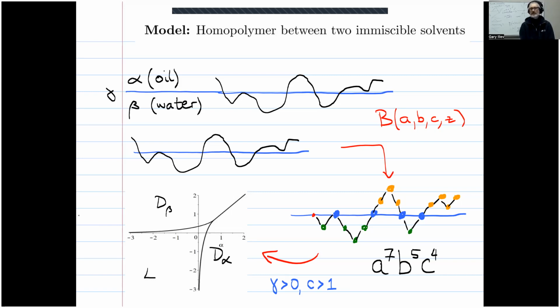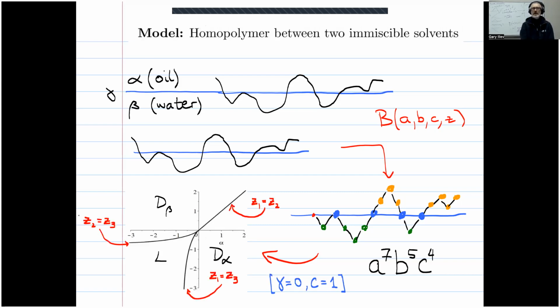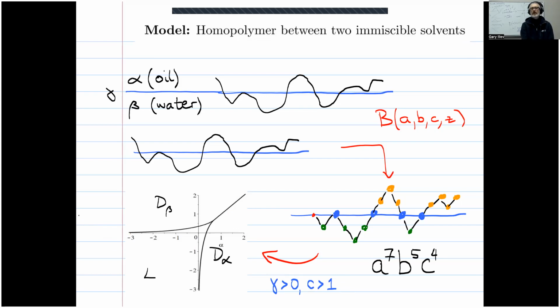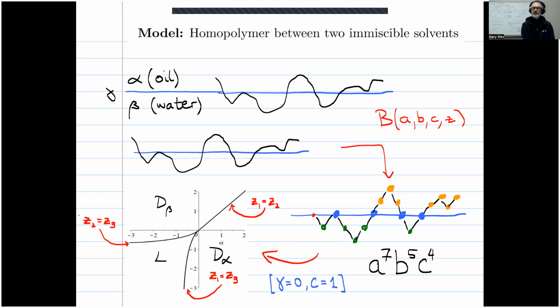It wants the polymer to visit, or at least it will favorably weight configurations that have many, many vertices in the interface. If I switch back between these two slides, here's C equals 0, and here's C greater than 0, what you notice is that essentially the localized region grew and the individual delocalized regions shrank.